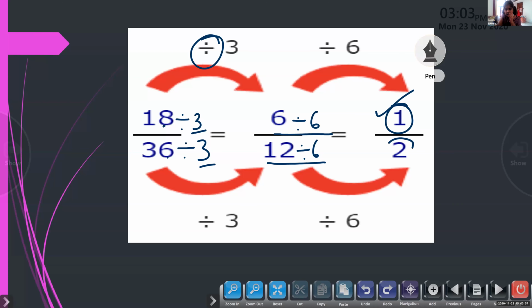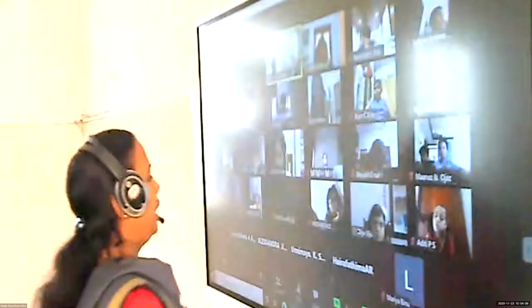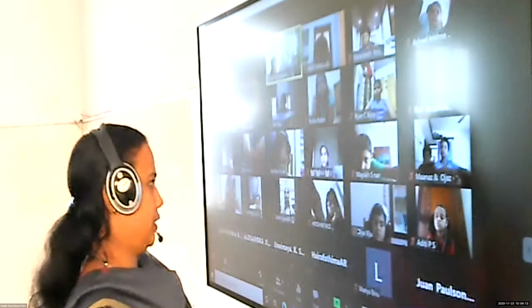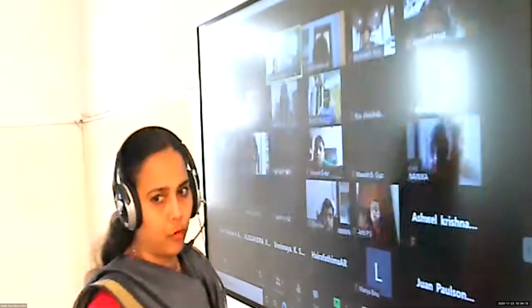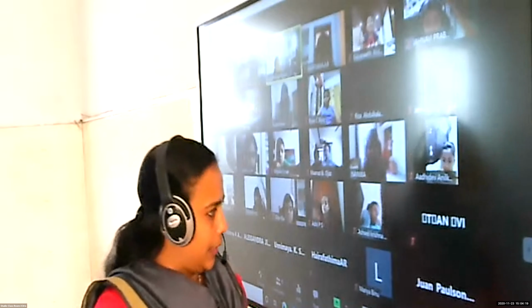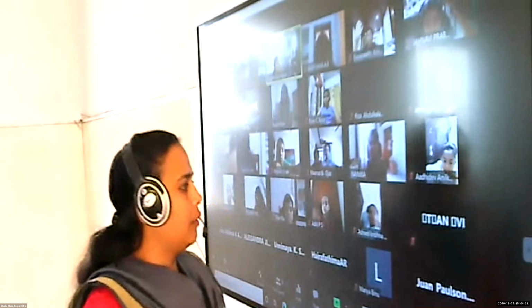2. So children, when you do that opposite, 1 into 6, you will get 6. 2 times 6, 2 into 6, you will get 12. So children, you can make an equivalent fraction by multiplication or division. But you have to be careful: if you are multiplying or dividing the numerator by any number, what do you have to do?